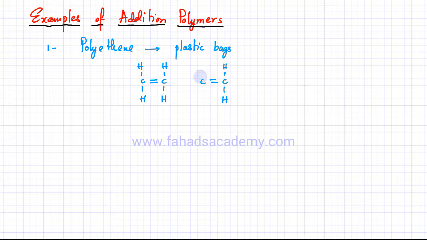So I'm going to draw a few ethene molecules or monomers which will end up joining together under high pressures and high temperatures, and they would form a polymer. Under high pressures and high temperatures, this double bond is going to be converted into a single bond. It would break up.